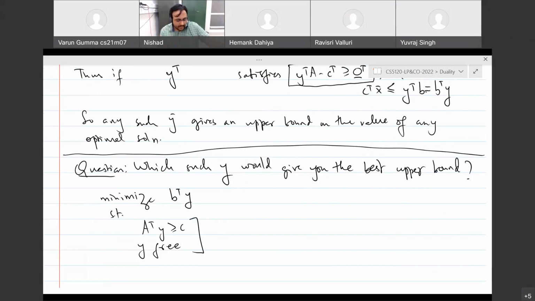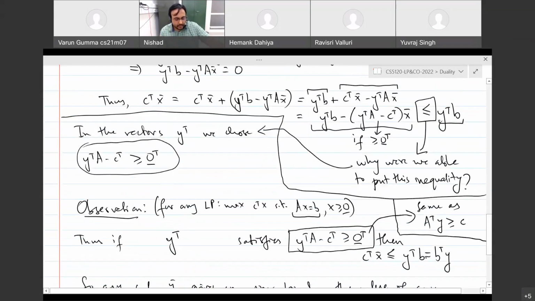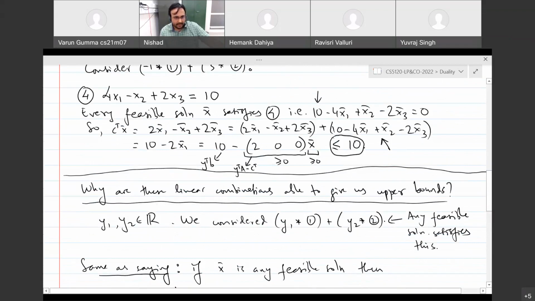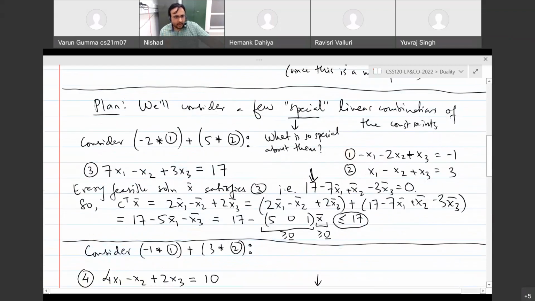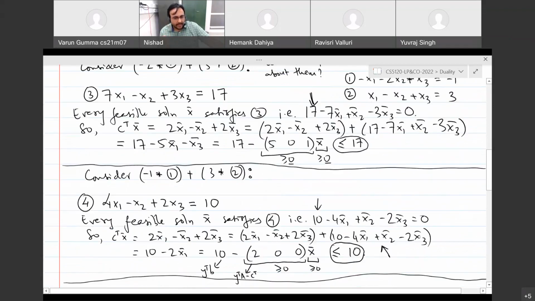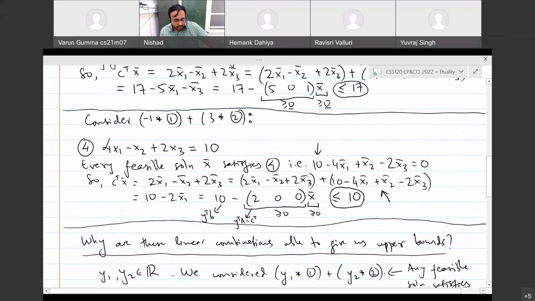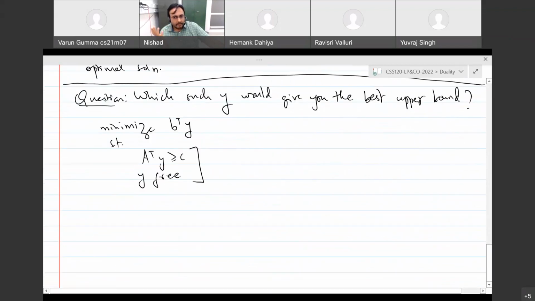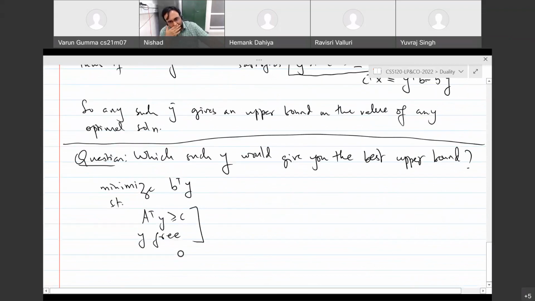And what we did is we considered two feasible solutions to this LP. The first one was -2, 5, and the second one was -1, 3. And when we put -1, 3, we actually got the upper bound of 10. This LP is called the dual LP.